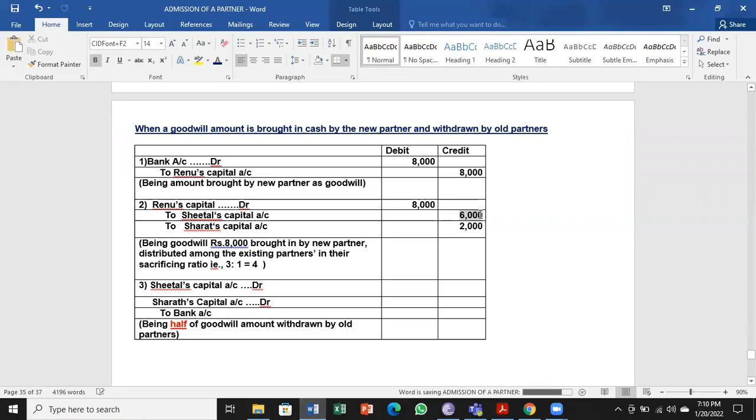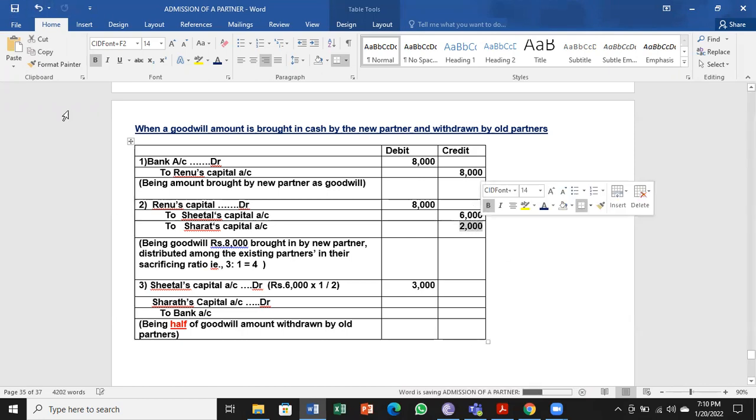So half of 6,000 is the amount withdrawn. It is 3,000. Good.